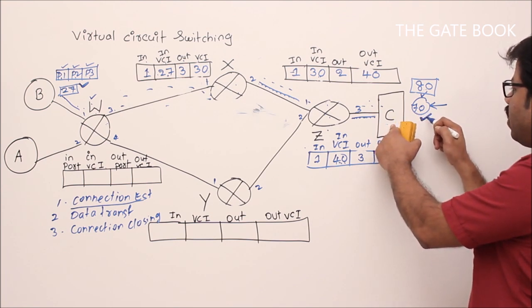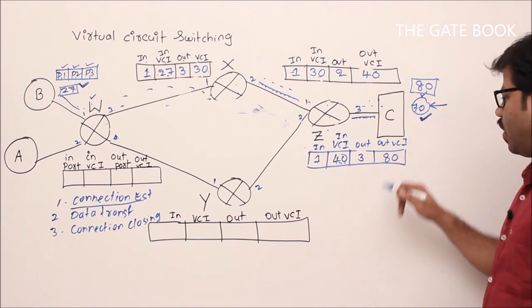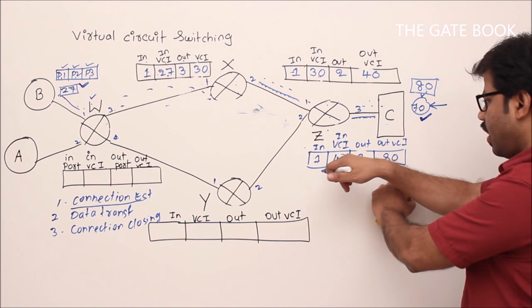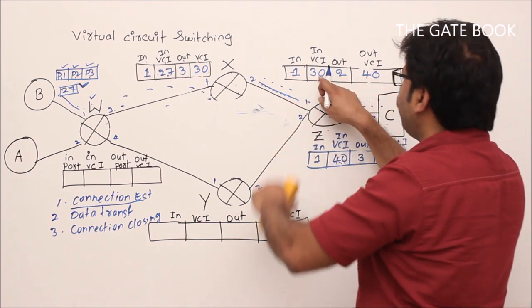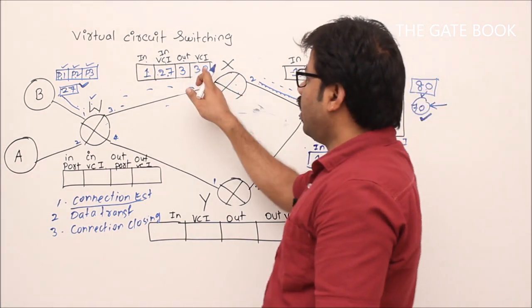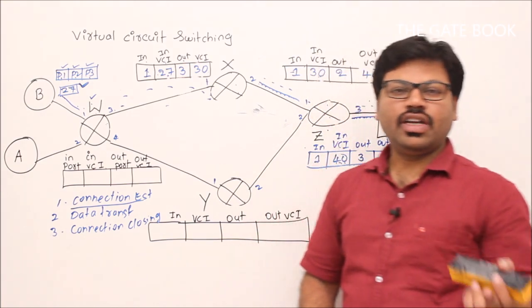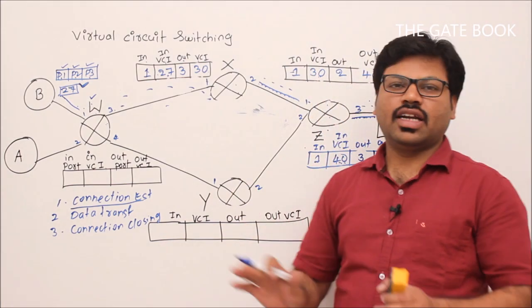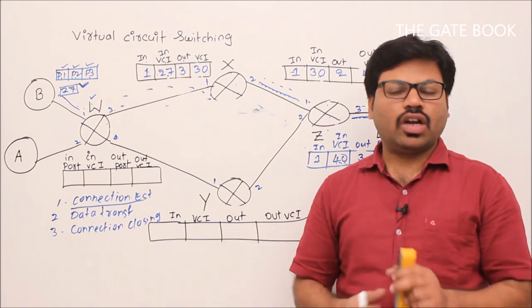If you are okay with that, please say yes. Then C says yes and sends 80. So 80 will be written here, incoming VCI 40 will be written here, incoming VCI 30 will be written here, and incoming 27 will be sent to B. When 27 comes back, B understands that the connection is established. Now how data will be transferred from here onwards, we'll see.